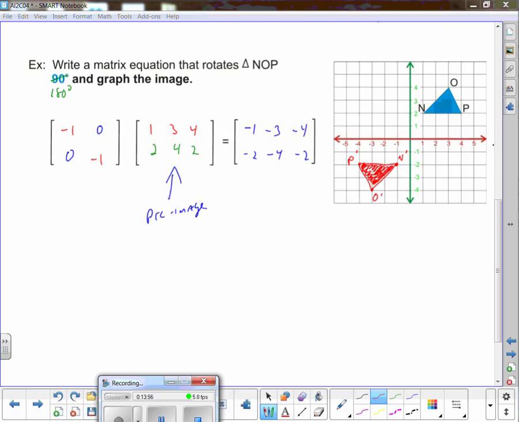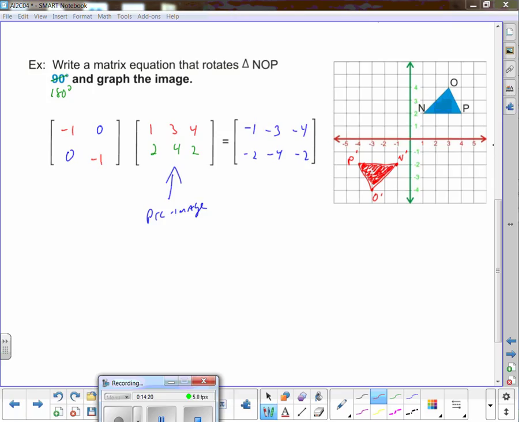So really, how do you rotate 180? In a flash. Change the sign of every coordinate on the top, change the sign of every coordinate on the bottom. Don't say change every top to negative, because what if something was negative already in the pre-image, right? Change the sign of everything on the top, change the sign of everything on the bottom. Boom, rotate it 180.